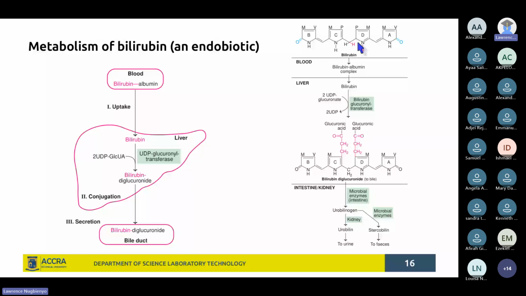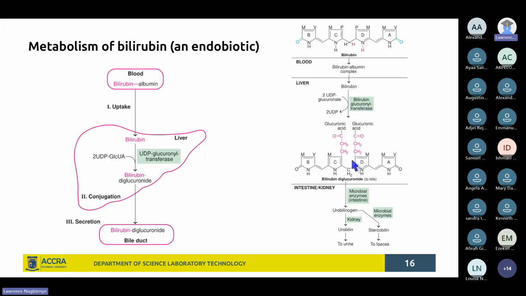You have bilirubin, and bilirubin forms a complex with albumin in the bloodstream, flows into the liver. So now in the liver, you are seeing the reaction of conjugation of glucuronic acid with bilirubin.